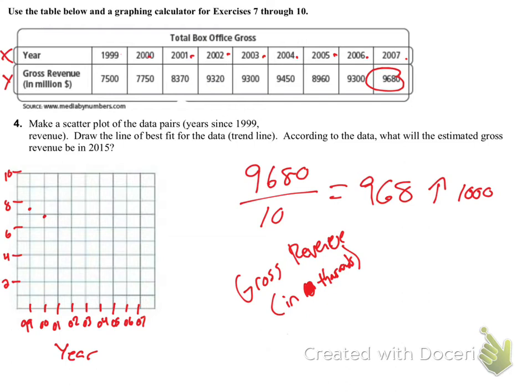Actually, no, it'd be a little bit higher. So it goes up a little bit. Then we go to 01, 8370.